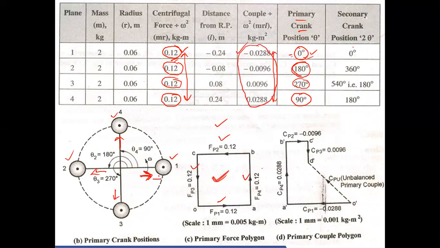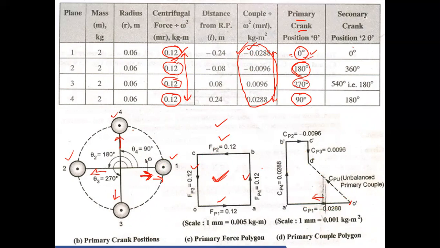But here the value is minus, so you have to take it in the opposite direction. How much is it? 0.0288. This is the starting point. Actually, 0 degree should be taken towards right, but since the value is minus, you take it in the opposite direction, towards left.